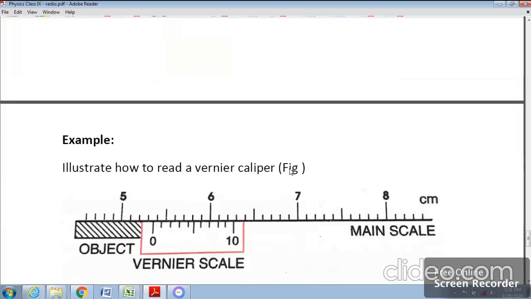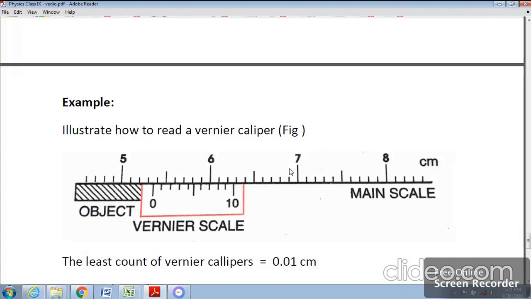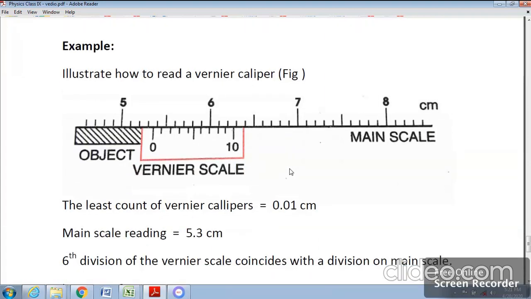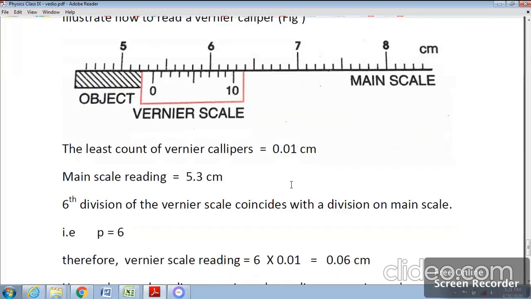Suppose, for example, this diagram is there. In this, we have calculated the least count, which is 0.01 centimeter. The main scale reading is 5.3 centimeter. And you can see in this diagram, the sixth one is the coinciding division. So in place of P, we will substitute 6.